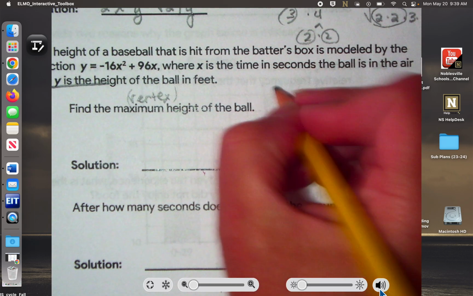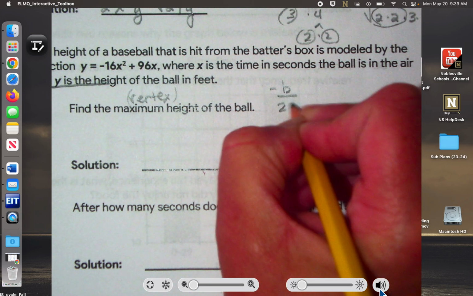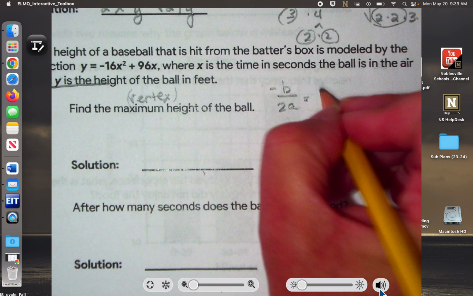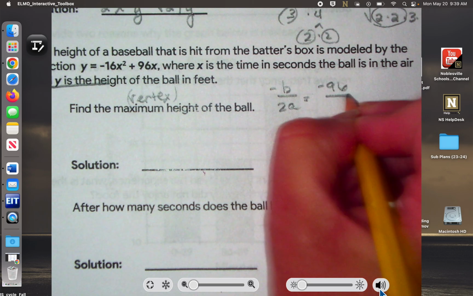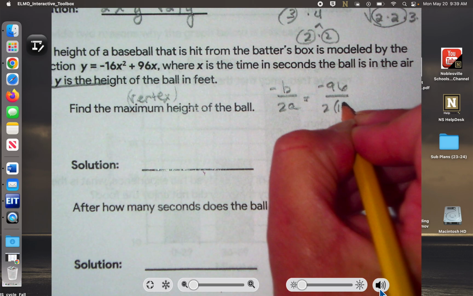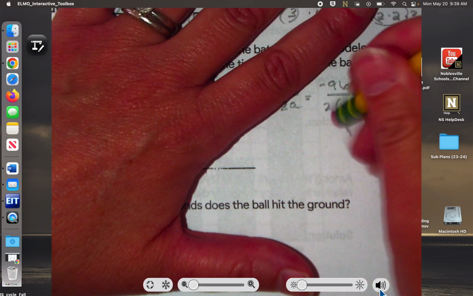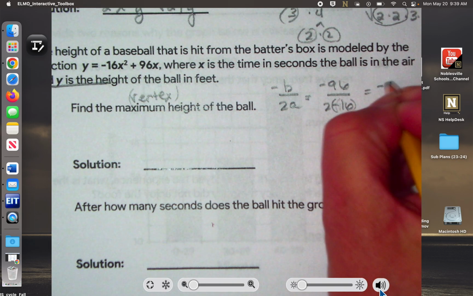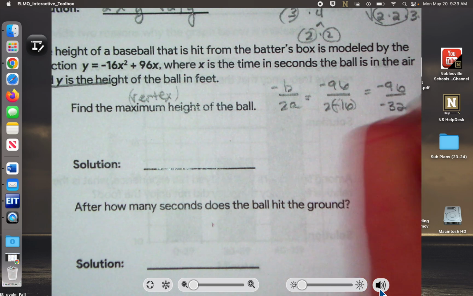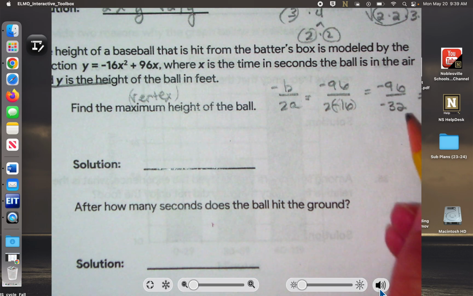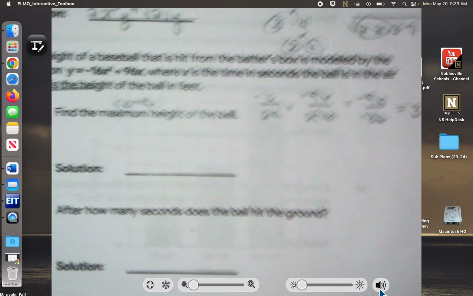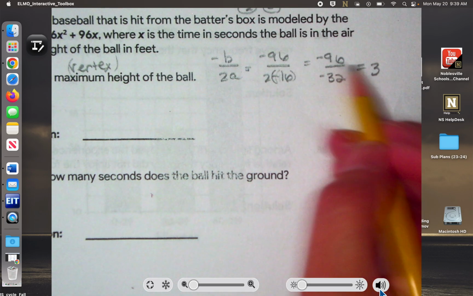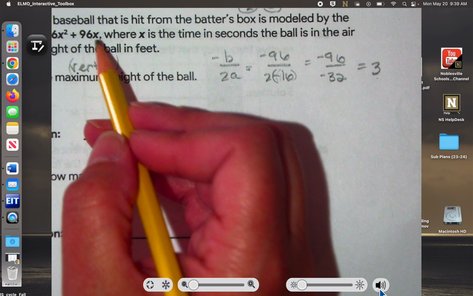So if I'm going to find the vertex, opposite of b over 2a equals -96 over 2 times -16. So I have -96 over -32, which equals 3. So that's the x value of my vertex. So then I put that 3 back into the equation.